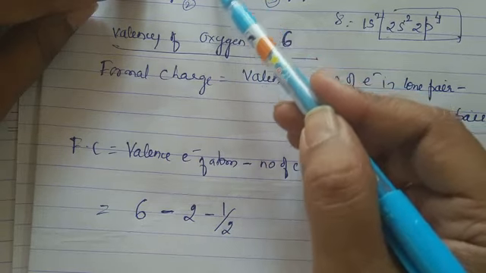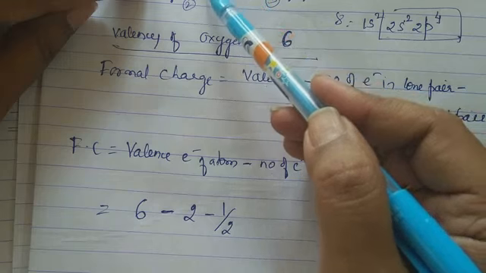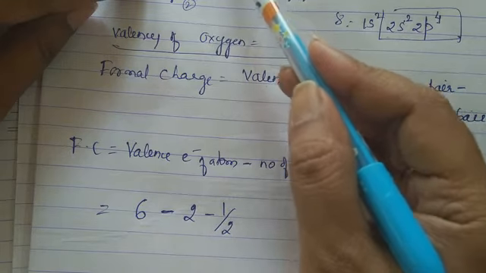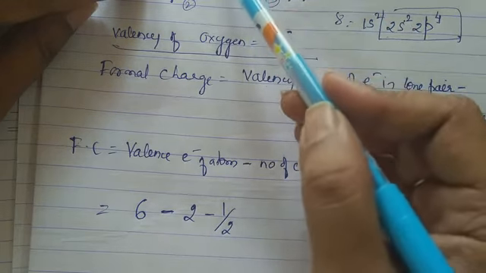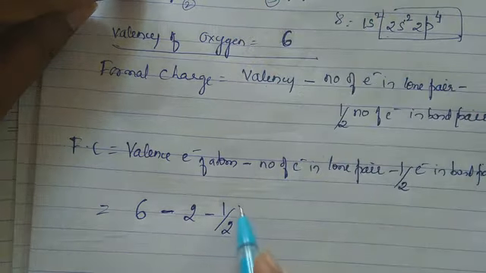What are bond pair electrons? They are the electrons involved in bonding. Lone pair electrons are not involved in bonding. They are alone. Okay, how many are involved in bond pairs? 1, 2, 3, 4, 5, 6, into one half.